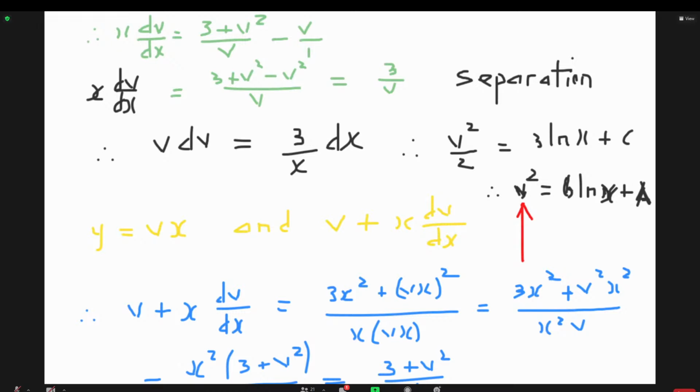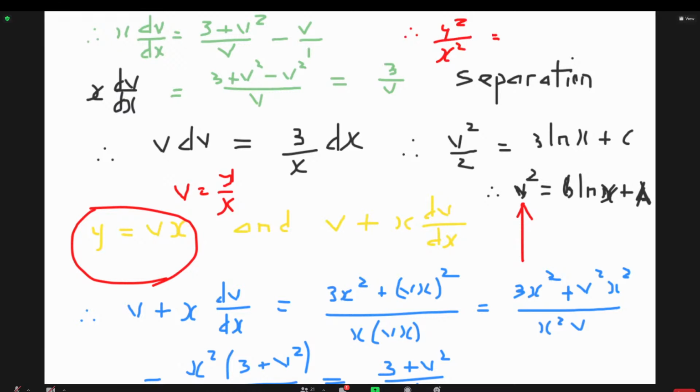You have to replace that from here. So your answer is really y squared on x squared, because it's y on x all squared, is equal to 6 ln x plus c. Write it down, study it when you get some time. Next one.